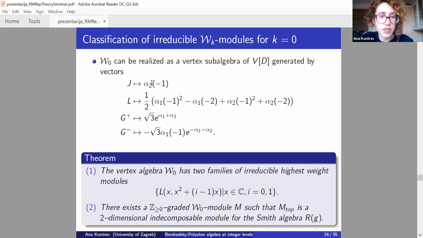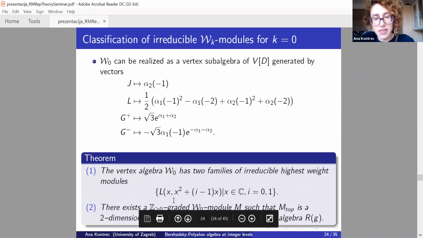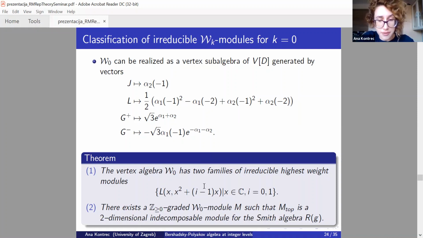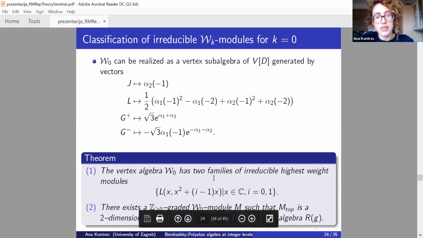And then using this realization, it's just a computation to see that the modules for W0 do in fact satisfy these conditions. So all the modules are those whose highest weights are zeros of the polynomials h1 and h2.